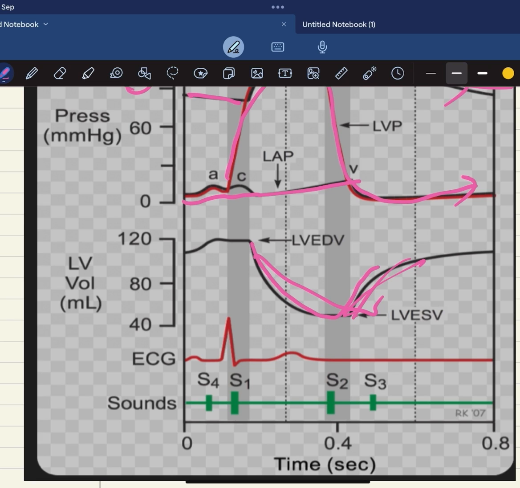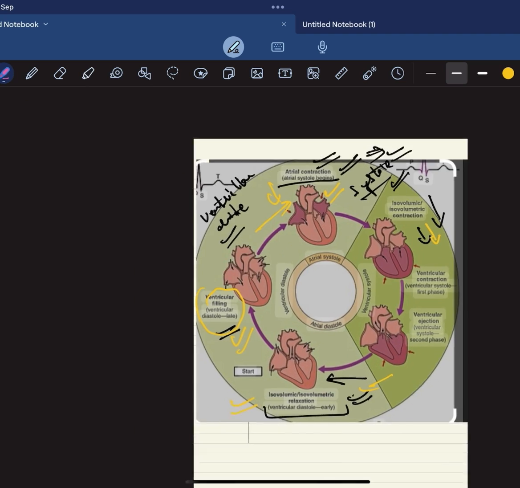End systolic volume is the volume that is left in the ventricle after systole. It would obviously be decreased, because the ventricle has already ejected most of its blood into the aorta. So from S1 to S2 is the systole, then this is the diastole, and before S1 comes S4. This is what is shown in this graph.